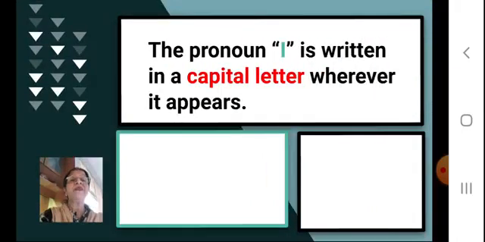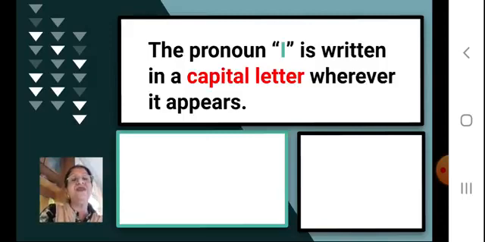Now, we have already learned what a pronoun is. What is a pronoun? Words used instead of nouns. And what are nouns? Nouns are naming words. So, the pronoun I is written in capital letter wherever it appears. You will always observe that wherever I is there, it is never written in a small letter.